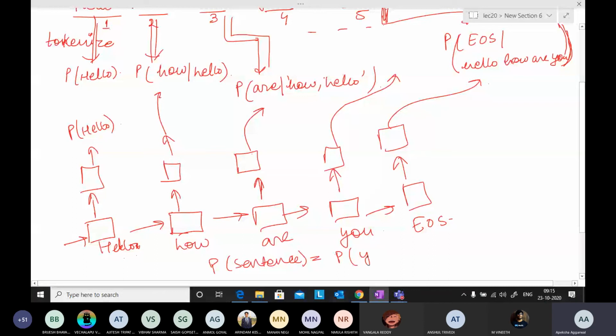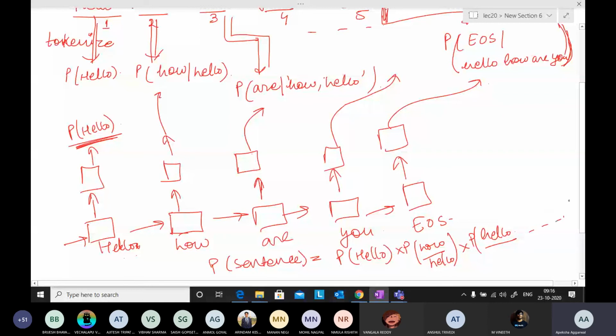So the final probability of the sentence is the probability of the first y predicted, y1, sorry, whatever it's calculating over here. So this would be P of hello multiplied by P of how given hello, multiplied by P of R given hello how, sorry.